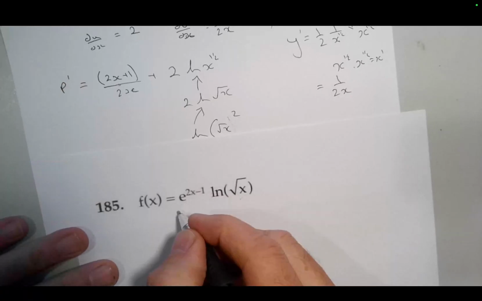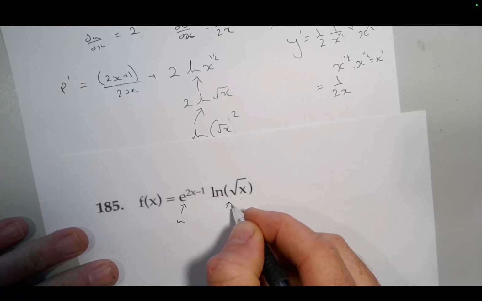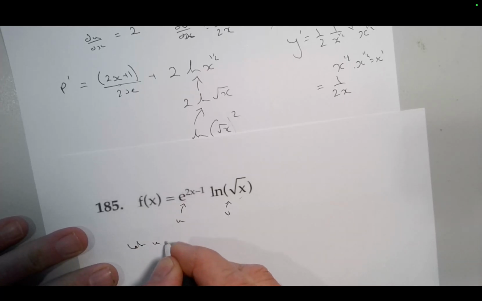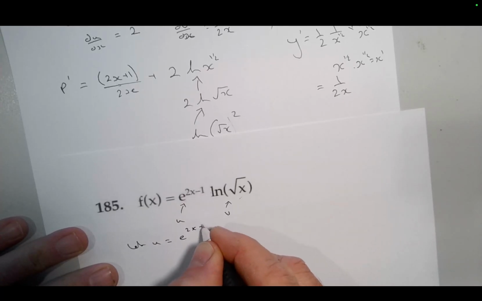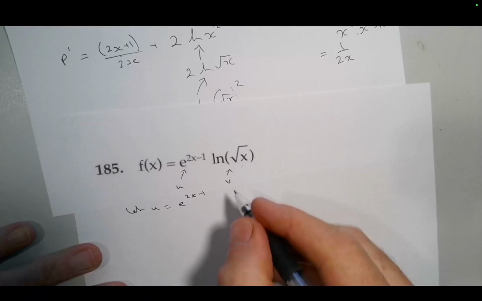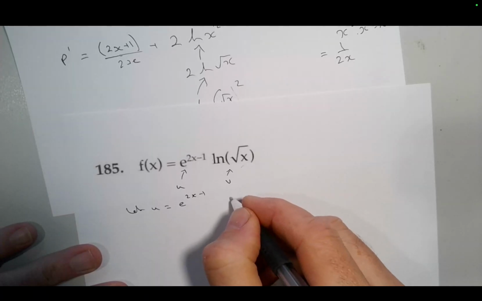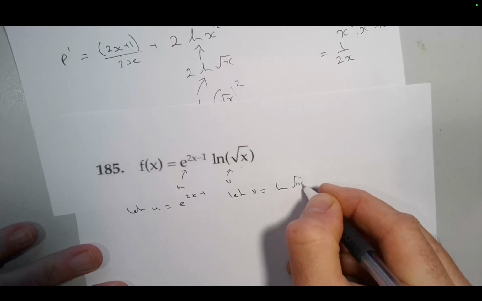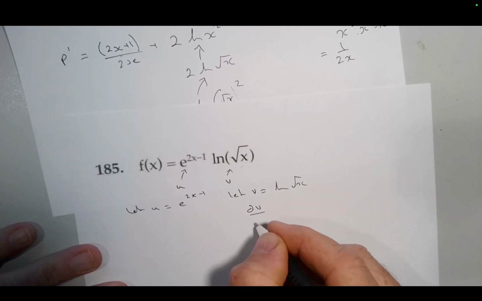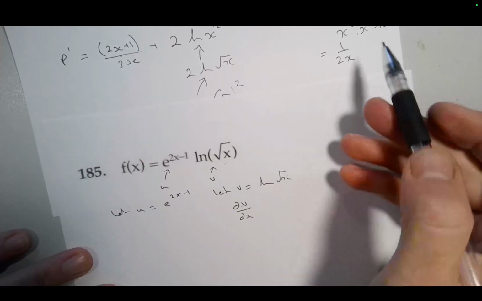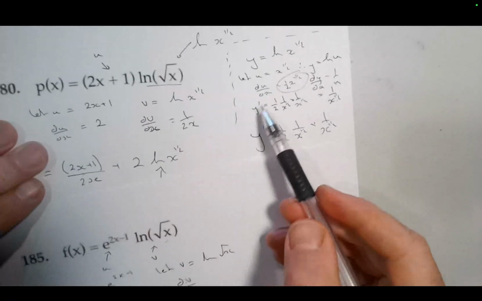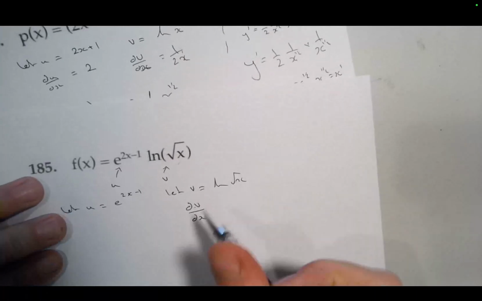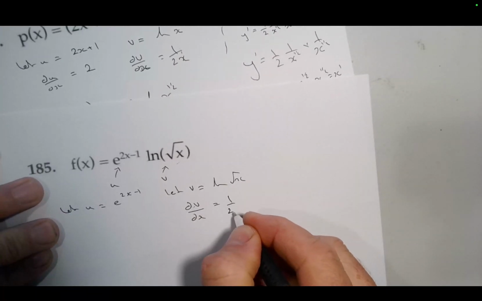So we're going to call this one U, call this one V, and so let U equal e to the 2x minus 1, and let V equal natural log square root x. And look at this very quickly. dv by dx came to be, what did we do over here? dv by dx is 1 over 2x. So I'm just going to put that there straight away. Too easy, 1 over 2x.